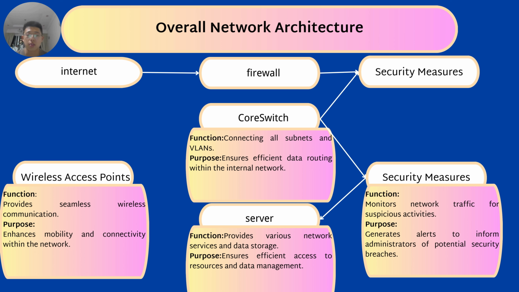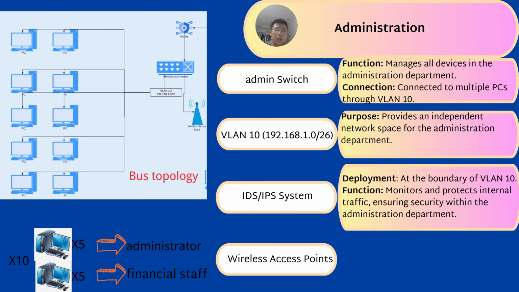The first one is between the firewall and the core switch, and the second is deployed between the core switch and each VLAN. In the administration section, we use the administration switch to manage all devices. Through VLAN 10, we provide an independent network space for the administration department. Additionally, the IDS/IPS system is deployed at the boundary of VLAN 10.